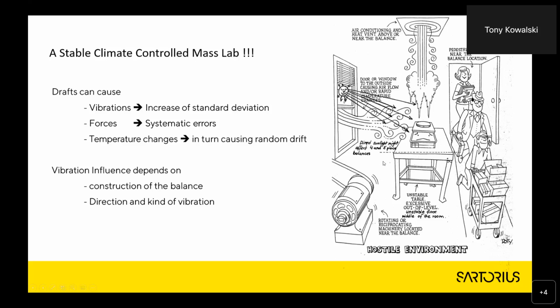So the two worst enemies for causing instability are drafts or low frequency vibration. A motor going pump, pump, pump, pump, very low frequency. And the digital filter in a laboratory balance or a mass comparator is so advanced today that normal effects are removed.